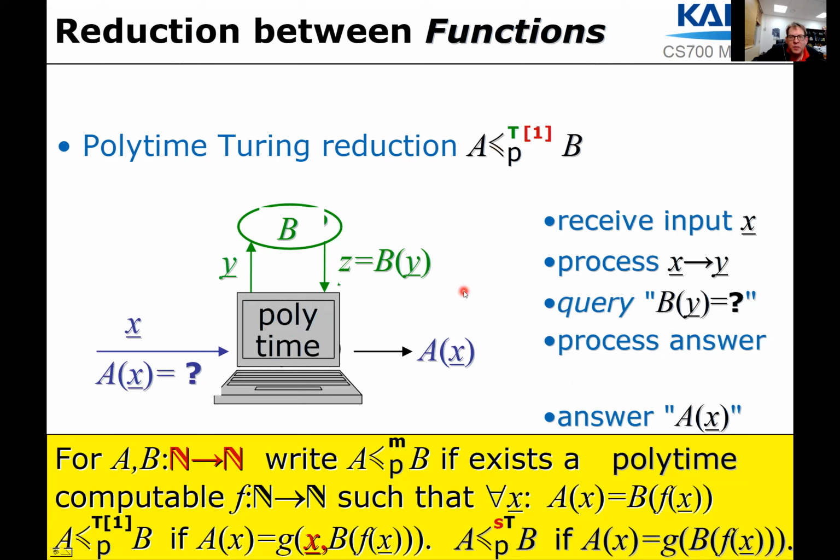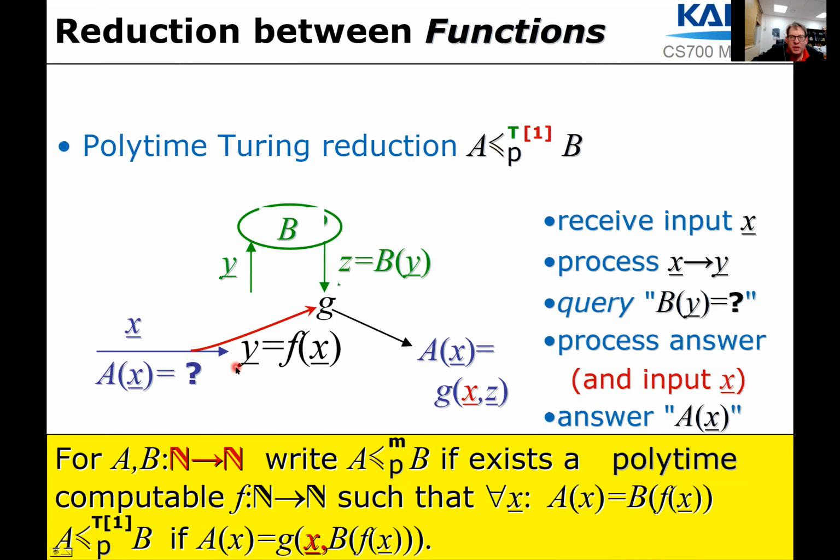So the latter, when the original input can be used both for the query and for further processing, is formalized like here. So here now we have two transformations in the reduction.